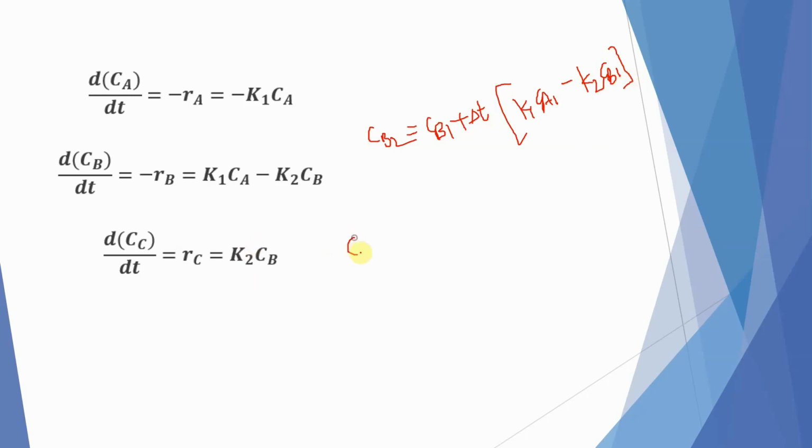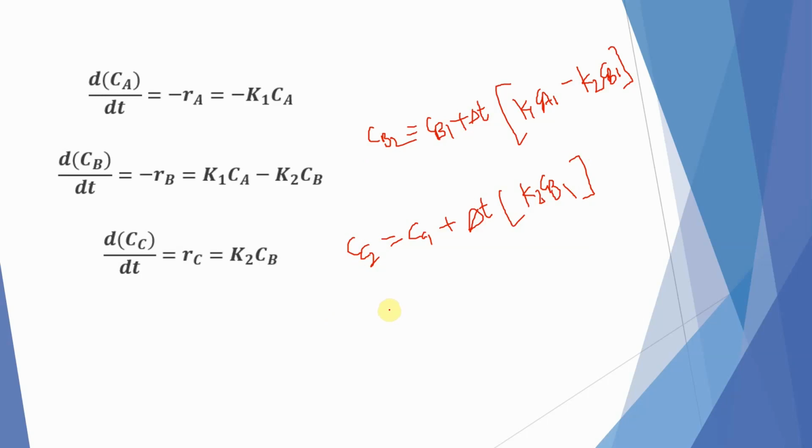Similarly, CC2 will become CC1 plus delta T K2 CB1. Similarly for CB3, CB4 and so on, and similarly for CC3, CC4 and so on.